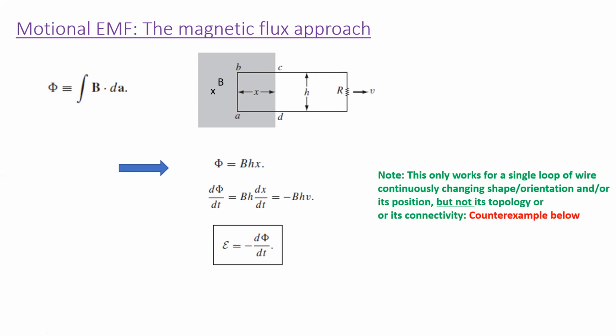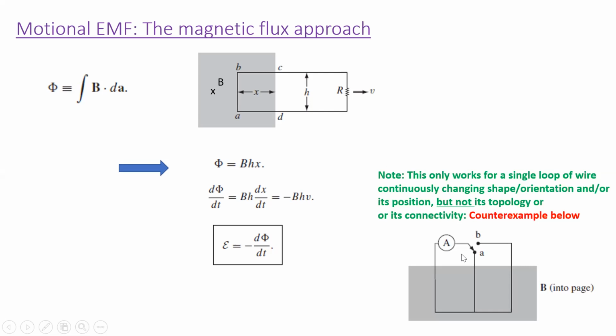So here's a counterexample to show that if the topology of the loop changes, this rule doesn't work. Suppose we have a circuit set up like this, where we have magnetic field down here, and a junction that starts at A. The circuit would be the left side here, a complete circuit, so there's a certain amount of magnetic flux.